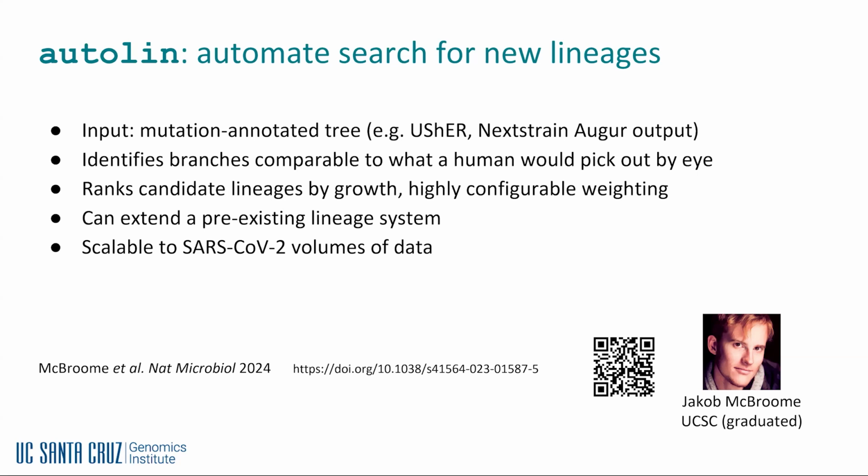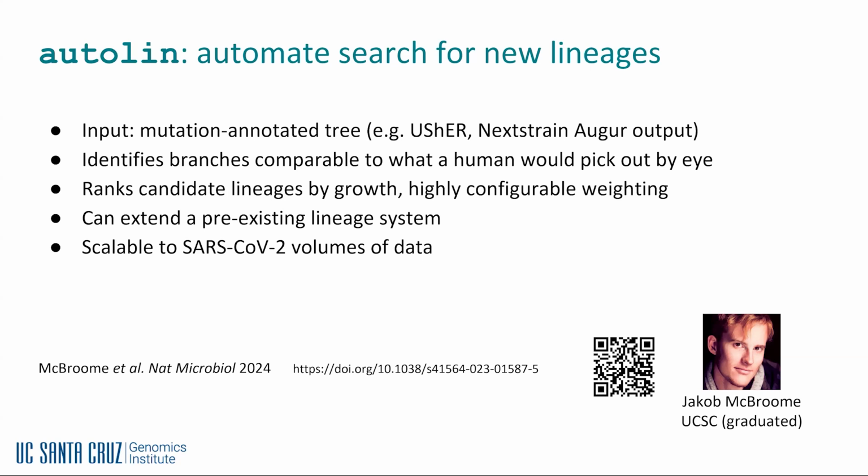And the number of branches that it could pick out can be a little overwhelming, since you still need a human to evaluate these and see, do they really fit the criteria for a new lineage? So it has a way to prioritize all these possible new lineages by their growth rate and by a very flexible and configurable weighting scheme that I'll talk about in a minute.